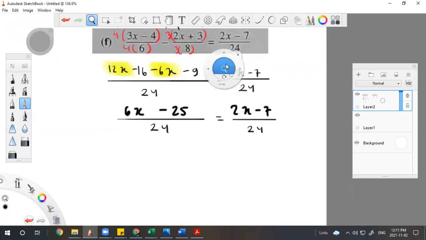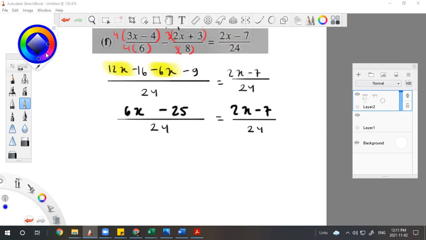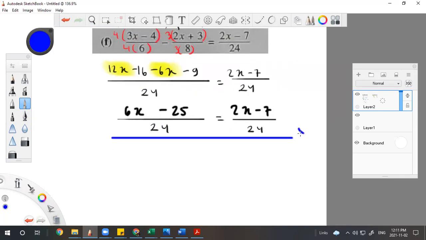And again, we deal with the same denominator here. If we have the same denominator, you just multiply everything by 24, or you can just ignore the denominator part. So why is it crossed out? Because I multiplied everything by 24. So it produces a linear equation, right?